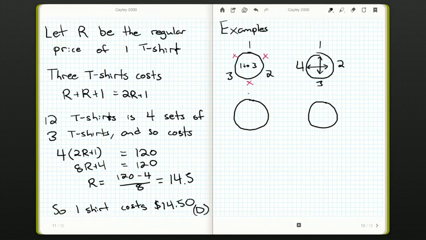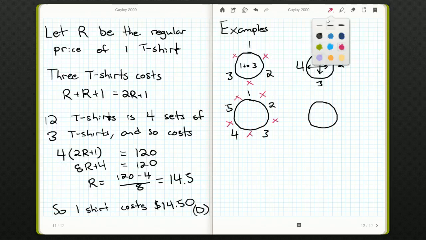Okay. How about 5? 1, 2, 3, 4, 5. And I see that no one is opposite 1, no one's opposite 3, no one's opposite 2, and no one's opposite 5, and no one's opposite 4.